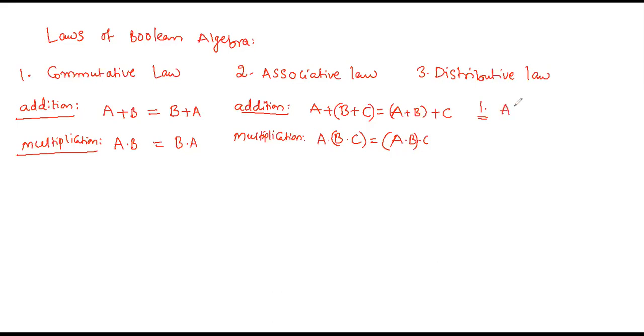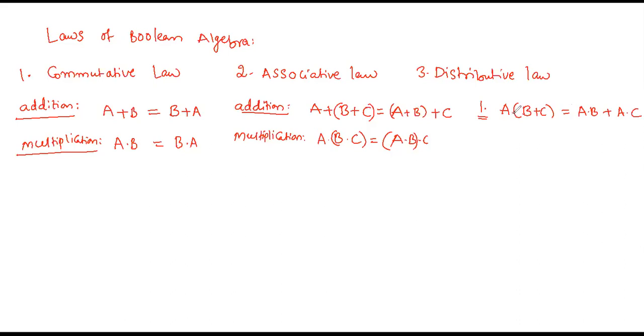You are multiplying a single variable with a Boolean addition, then the result is equal to the Boolean multiplication of A with B plus A with C. This is distributive law 1.